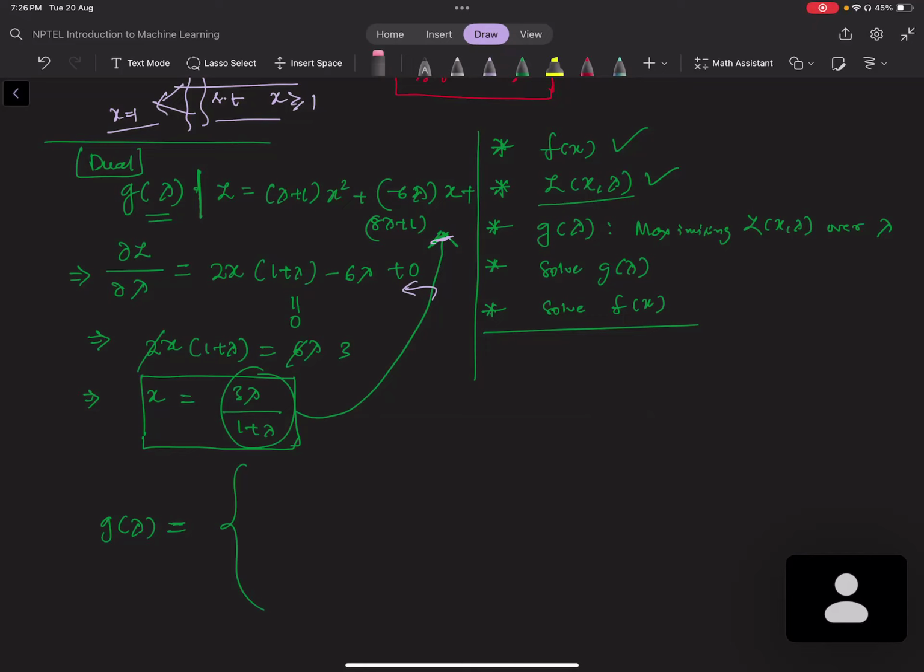We'll put x. G of lambda will be equal to 2 into x minus 6 lambda.